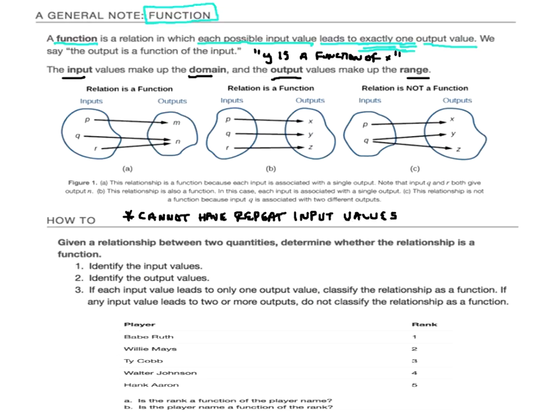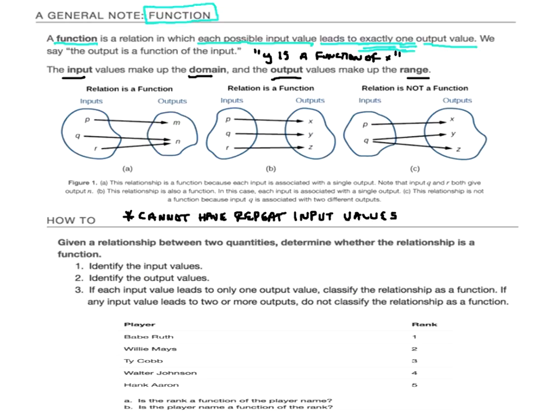Is the player's name a function of the rank? In other words, is it possible that more than one player could be ranked second? I think it is. Oh, it's not?